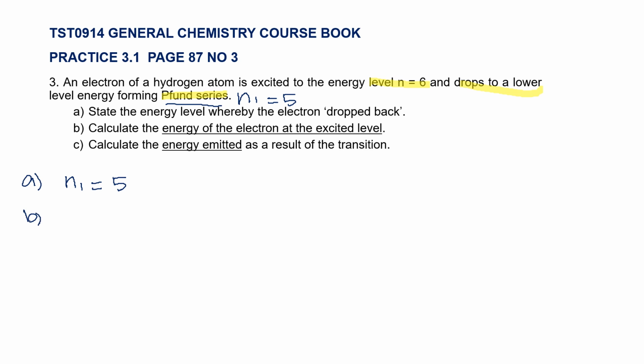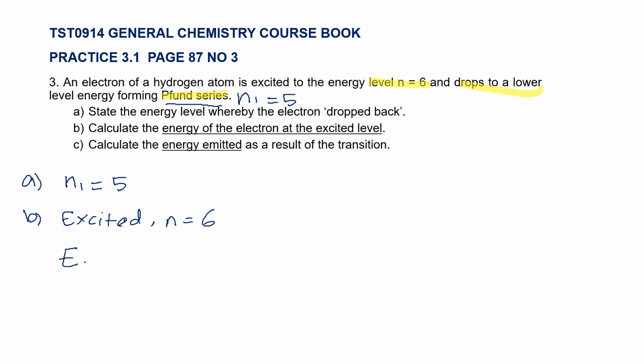B, calculate the energy of the electron at the excited level. So the excited level is N equals 6. To calculate the value of energy, we use the formula En equals negative RH times 1 over N squared.